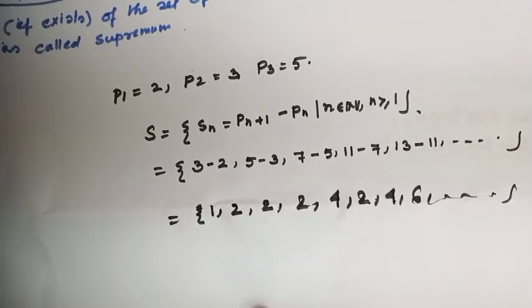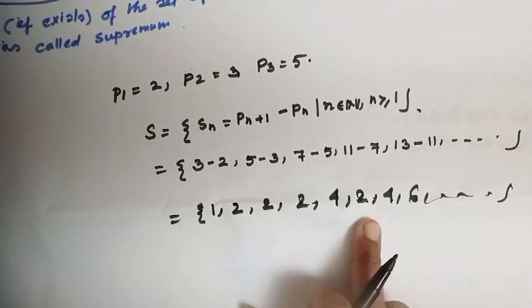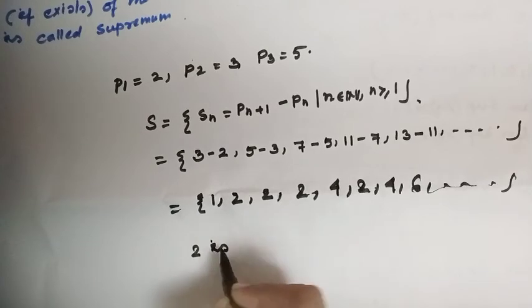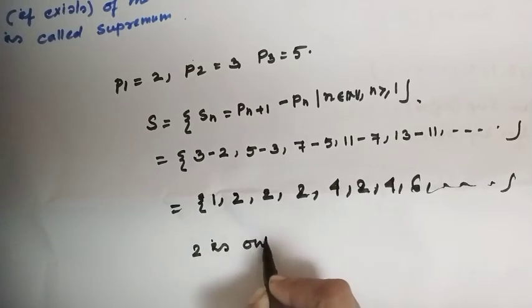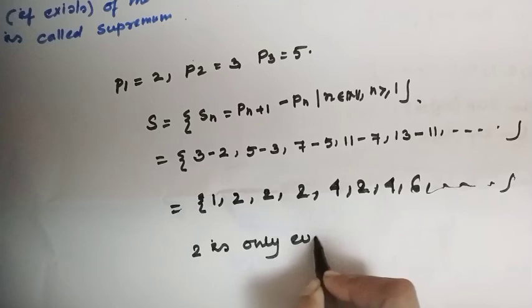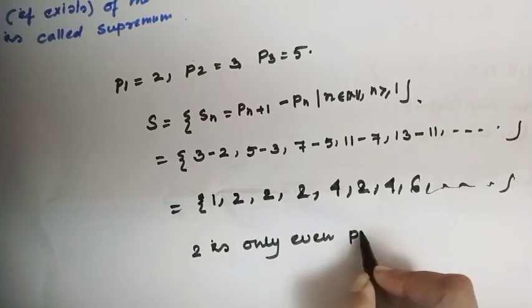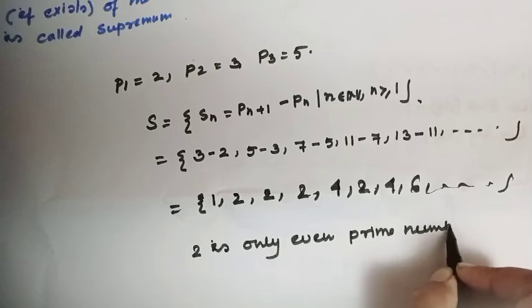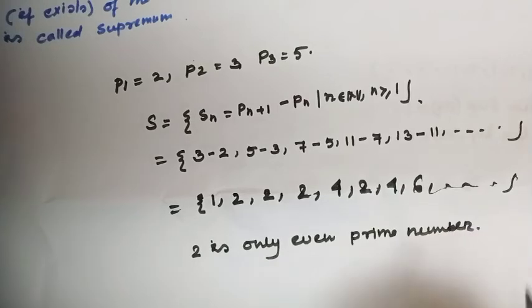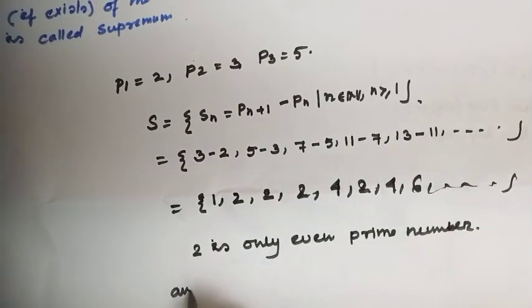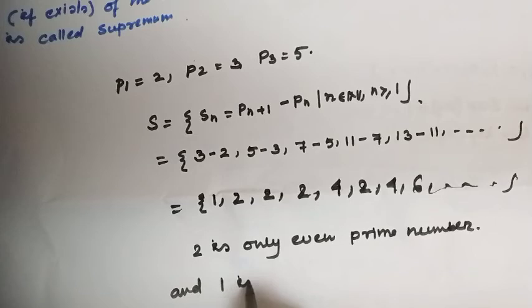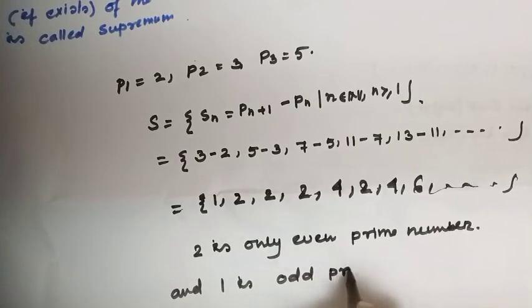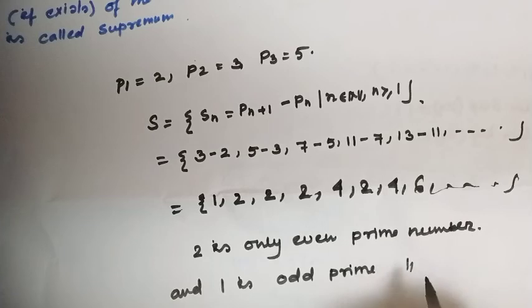And look, 2 is the only even prime number. And 1 is an odd number.